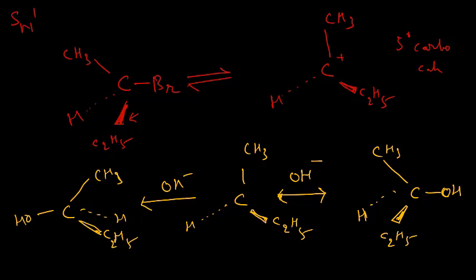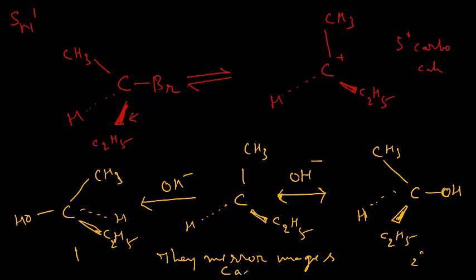See, this compound and this compound, the formulas are the same, but this compound is exactly the mirror image of that compound. So this is number 1 and this is number 2. Number 1 is the mirror image of number 2.